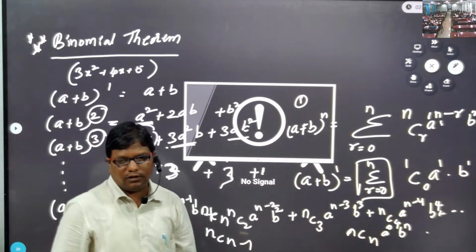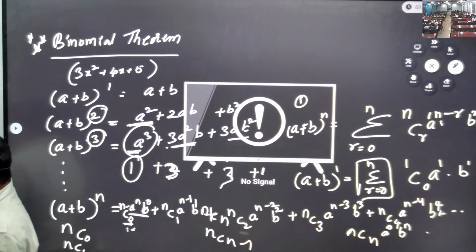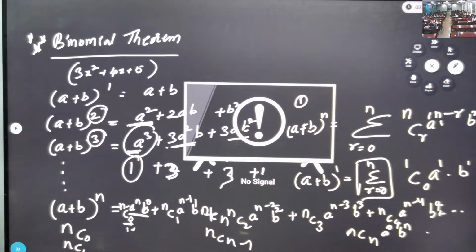That is for a plus b whole power 1. If you are asked to write a plus b whole power n, it is going to be summation of r equal to 0 to n, nCr, a power n minus r into b power r. That is our final solution for the binomial theorem.